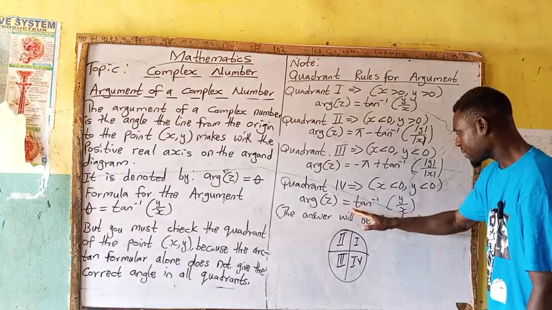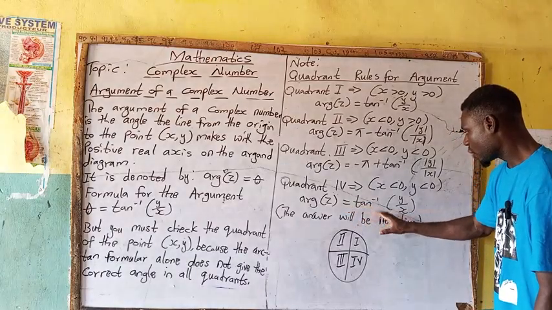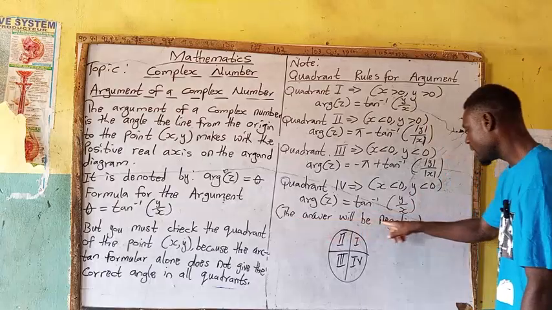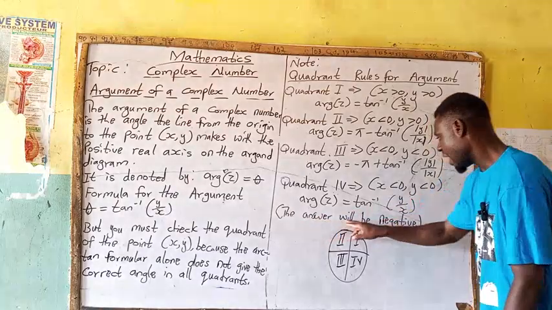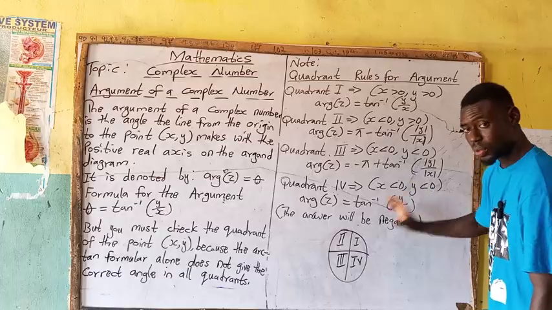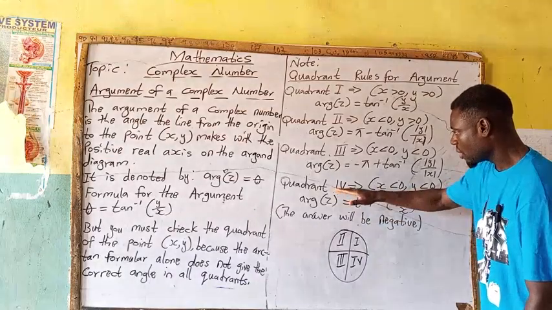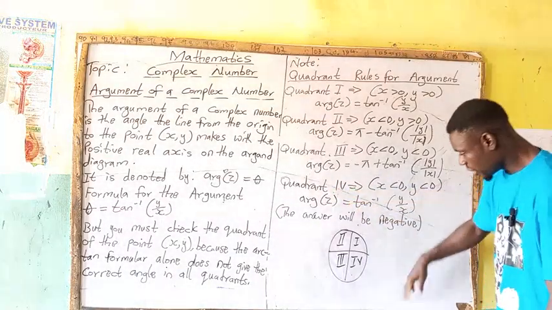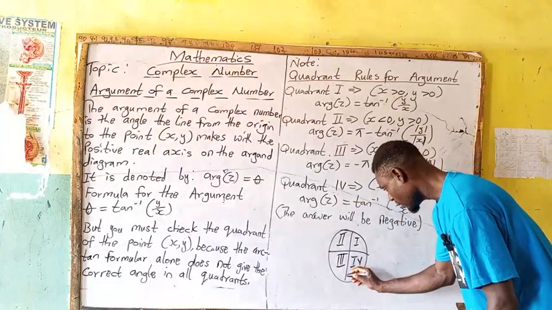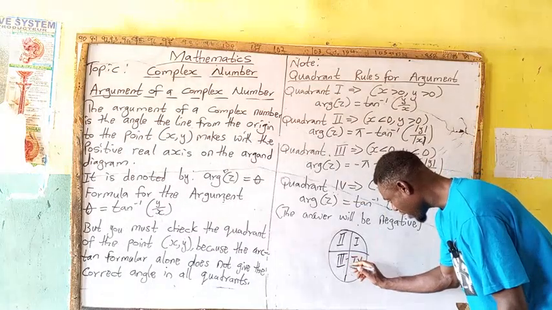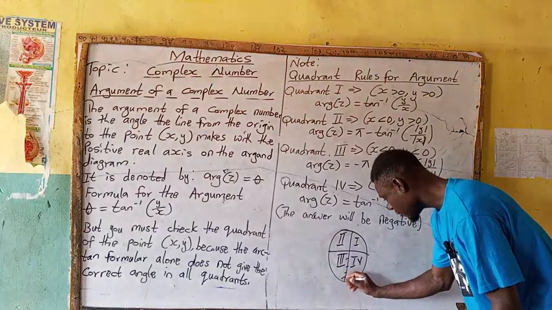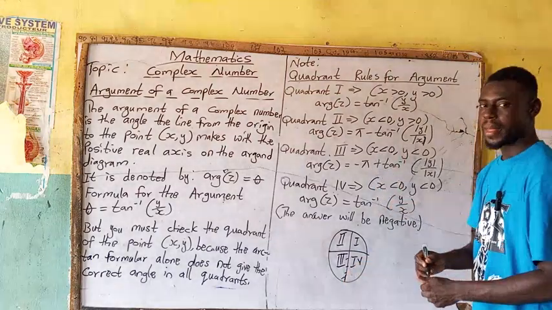And this formula, you observe there is no pi here. You just use this. The answer must always be negative. This fourth quadrant, it must always be negative. The reason is that if you check very well, all this part of it is negative numbers, so it must be a negative value.